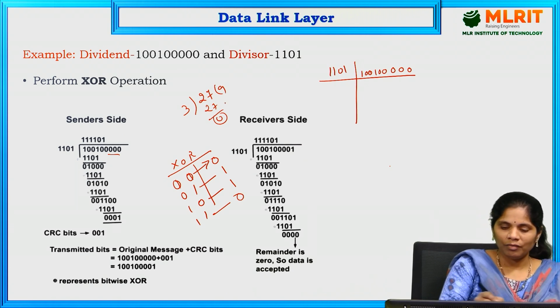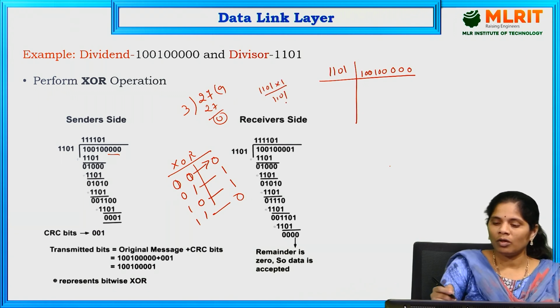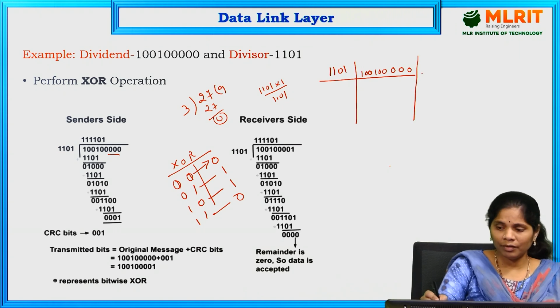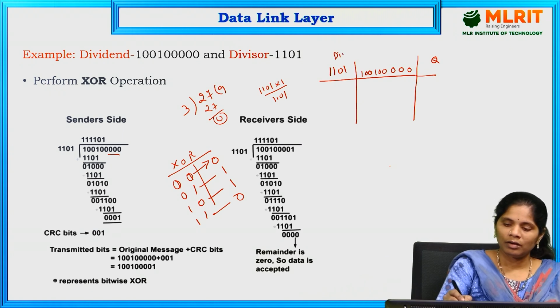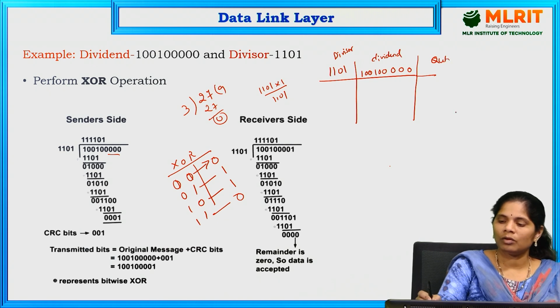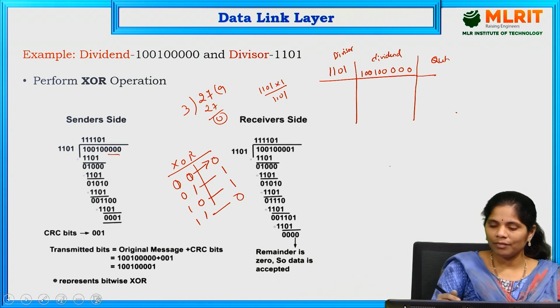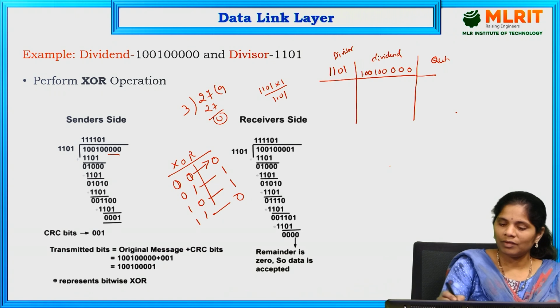So 1101 times 1 means 1101, like that we have to do. Here we write the divisor, the dividend, and the quotient. This is the divisor, the dividend, and this is the quotient. So first 1101 only.